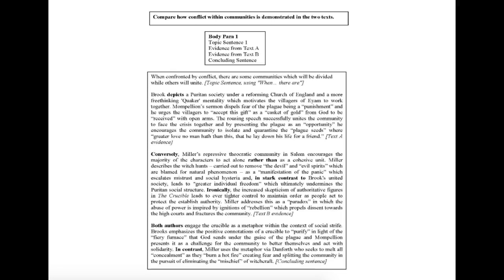So now we turn to the body paragraph. Here on the screen I've just got the whole paragraph, and you can see that we're splitting the paragraph up into the key parts of what's involved in that paragraph. So what we're going to do is look at each part in turn. So let's do that now.